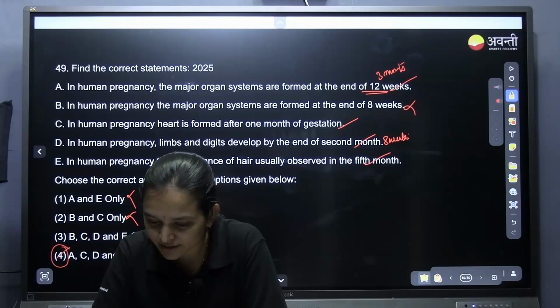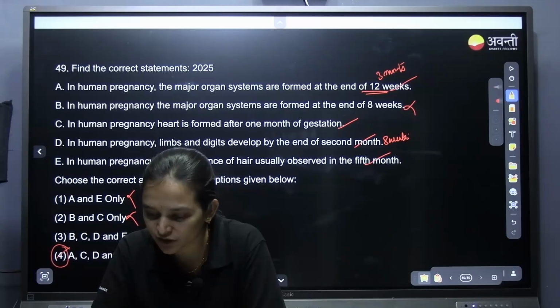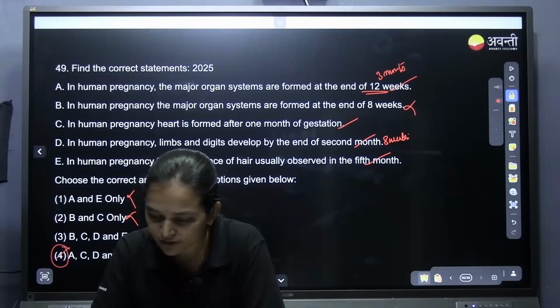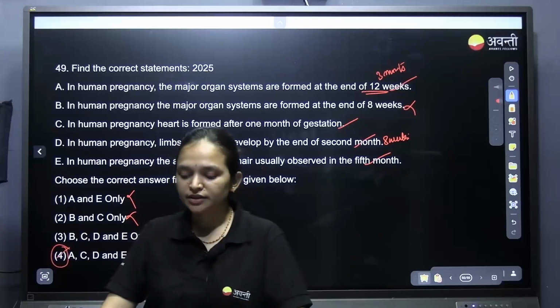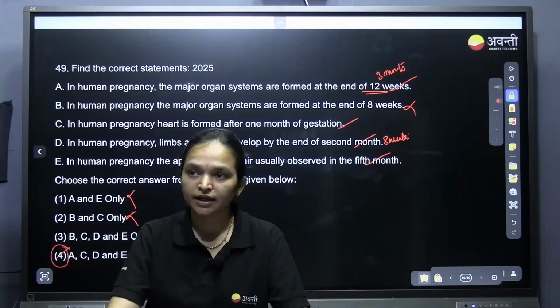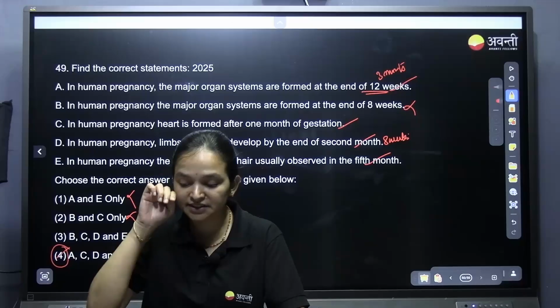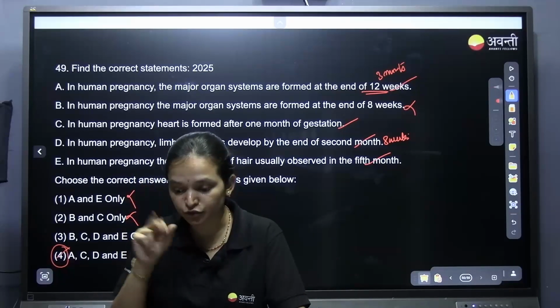But in NCERT it is given as ovulation means the ovum is released. But you know, right, the meiosis has not been completed yet.